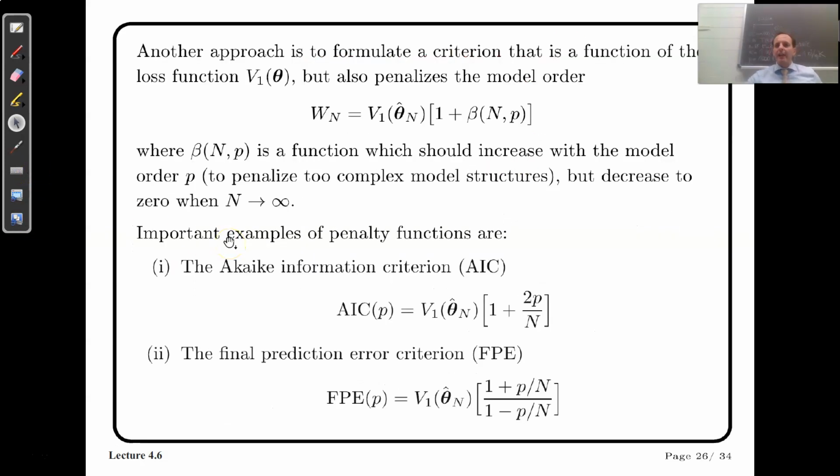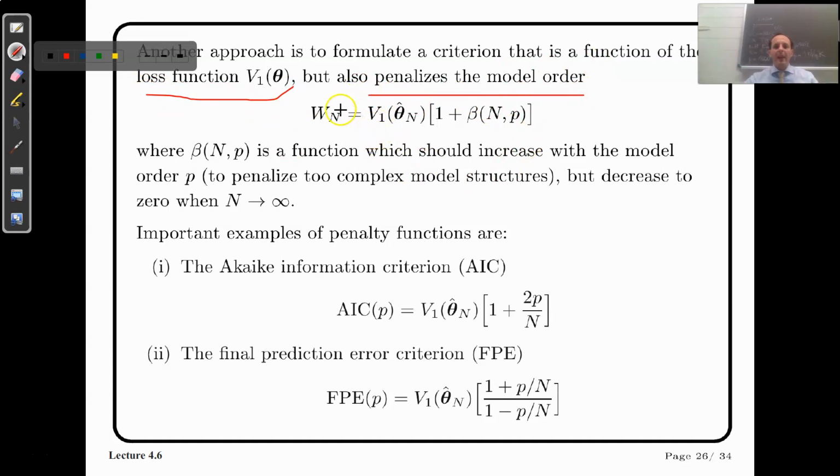Another approach, as we saw in the previous slides, is to formulate a criterion which is again a function of the loss function V1, but also penalizes the model order. So we have a cost function W1, which is a function of the loss function. There is a contribution according to which this cost function is decreasing when the number of parameters is increasing.